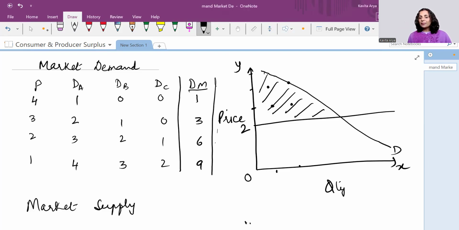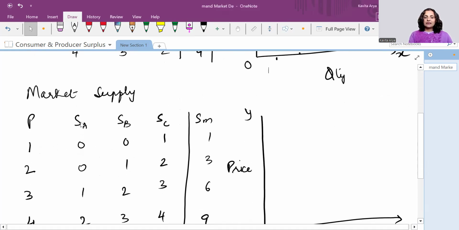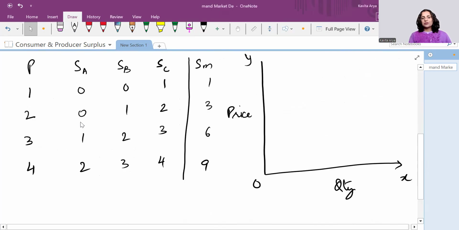But the price prevailing in the market is 2. So they could have paid more than 2, but they are paying 2. Hence this gap of what they could have paid minus what they actually pay is called consumer surplus, right?